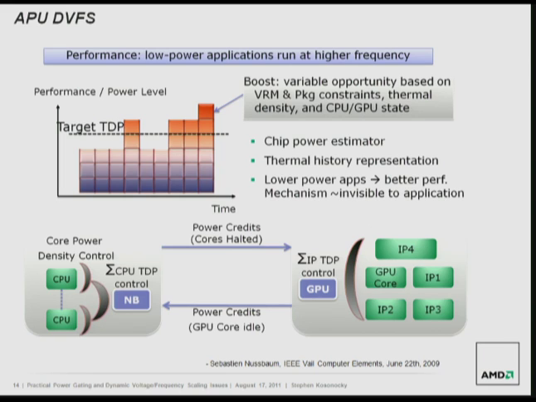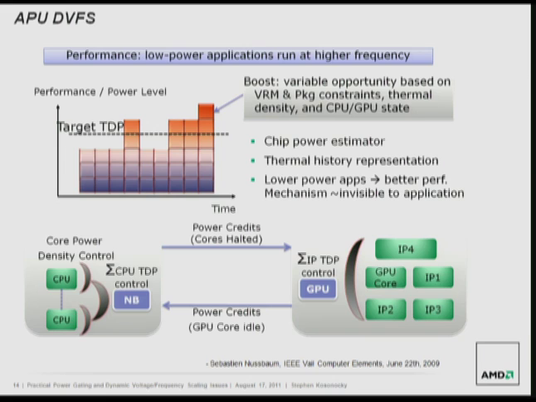And with that thermal history representation, we can then trade off power credits between the CPU cores and the GPU SIMD units. And basically how it's done is on each of these sections, we have special hardware counters here that are used to track the activity of the GPU or the CPU. And then we map that into a power level.